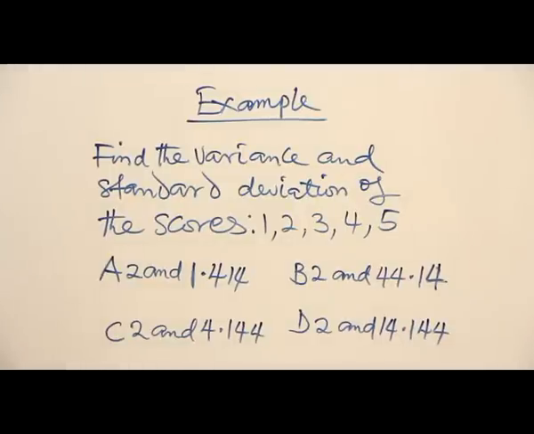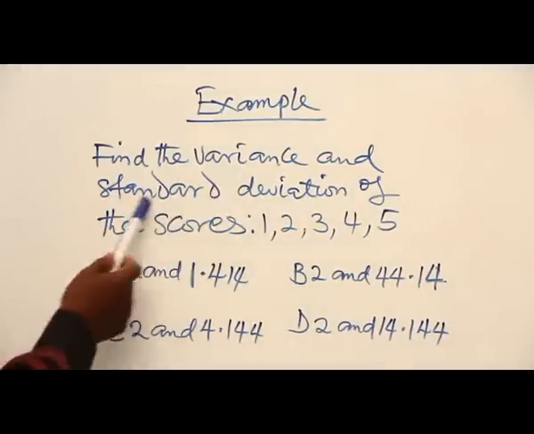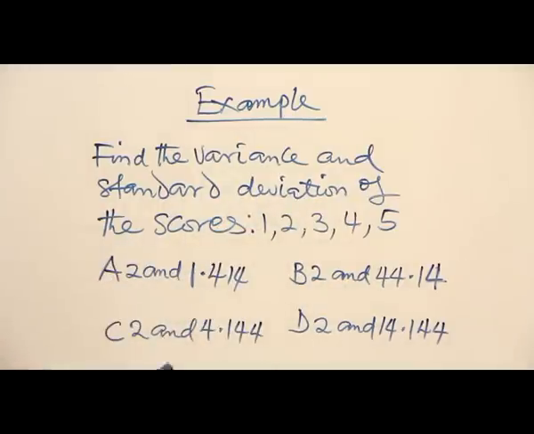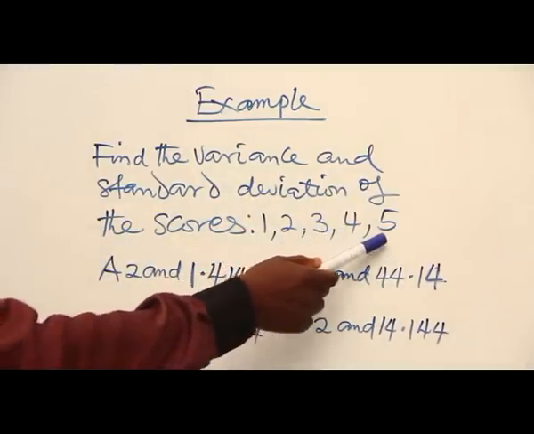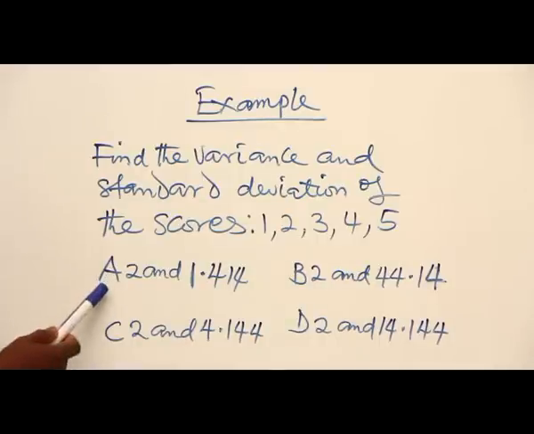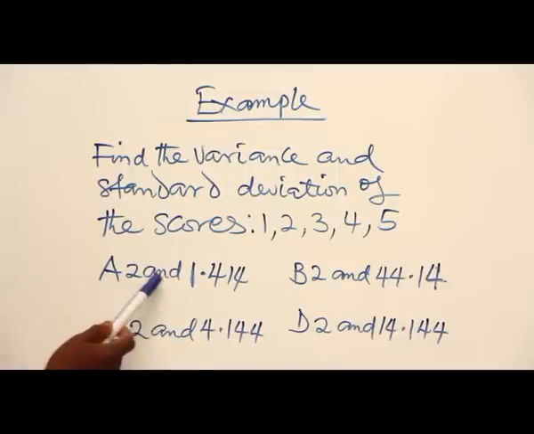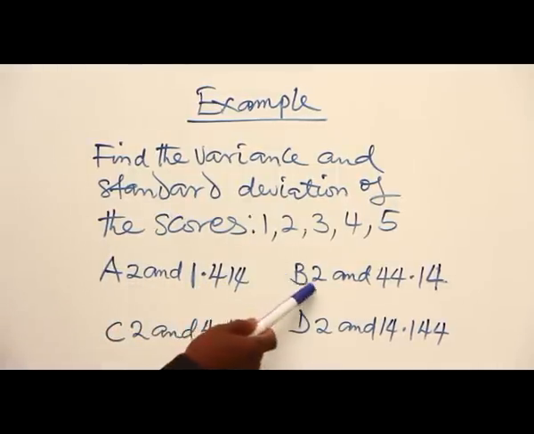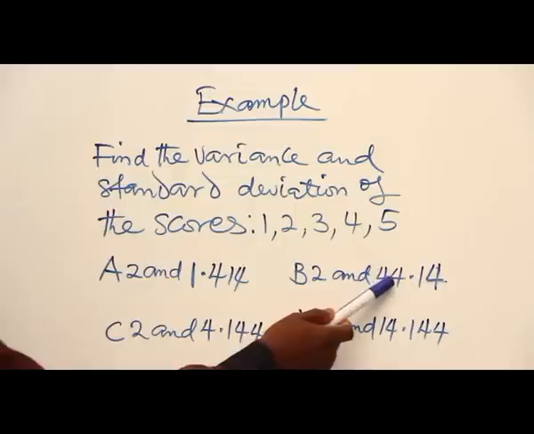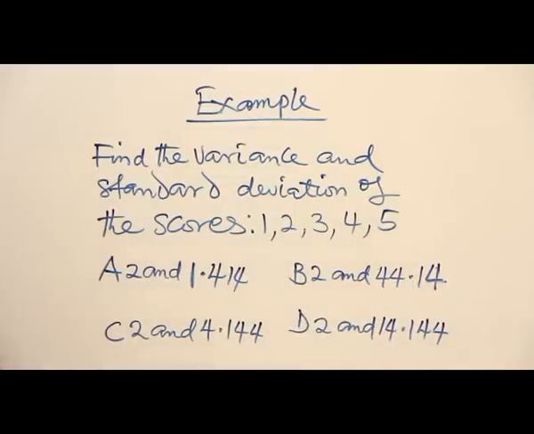Example, find the variance and standard deviation of the scores 1, 2, 3, 4, and 5. Option A, 2 and 1.414. B, 2 and 44.14.